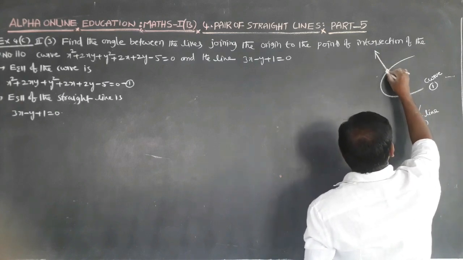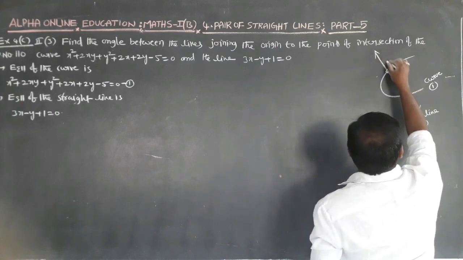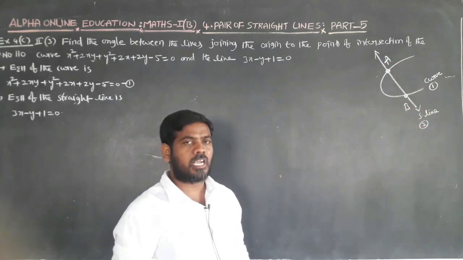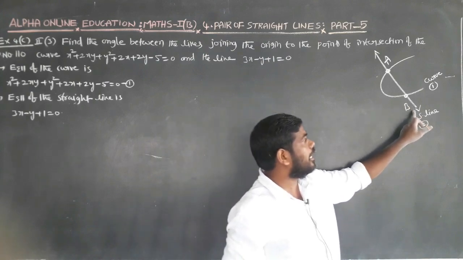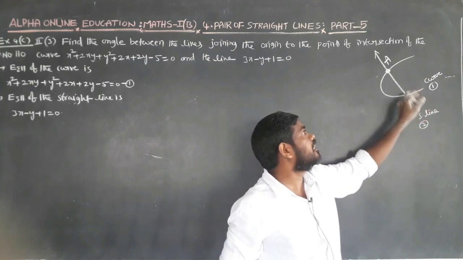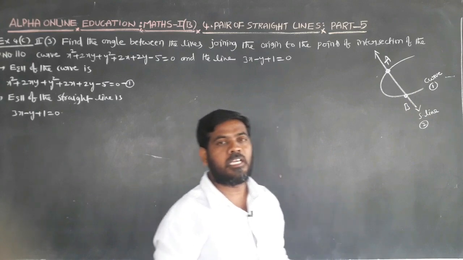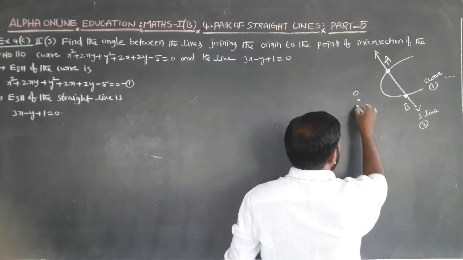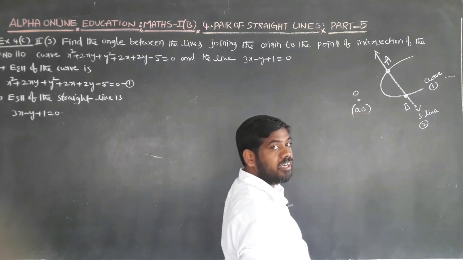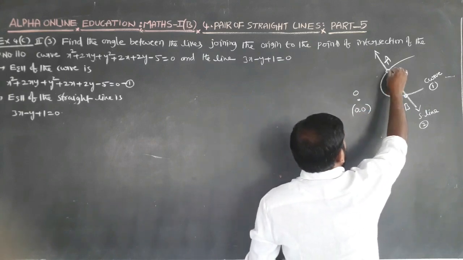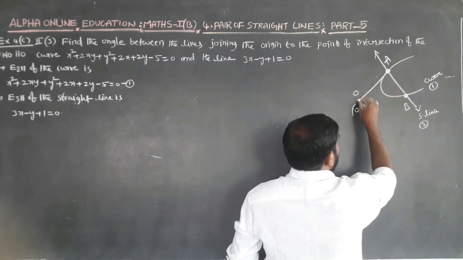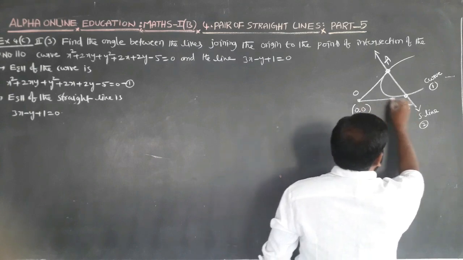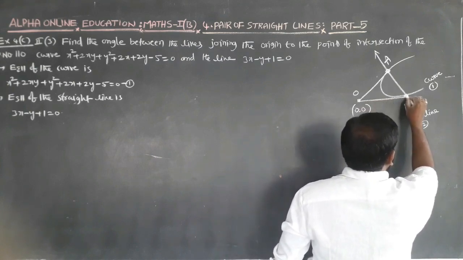Here the curve and line intersect at capital A and capital B. This is the origin. Here the lines joining the origin: this is the point A and O joining, this is the OA line, and point B, O is joining, this is the line OB.